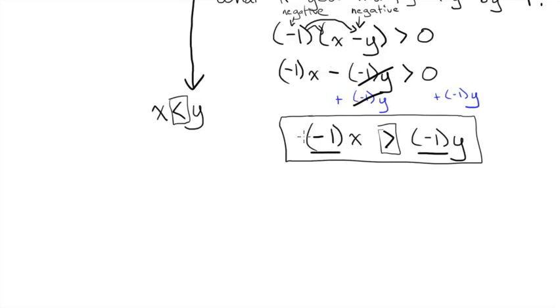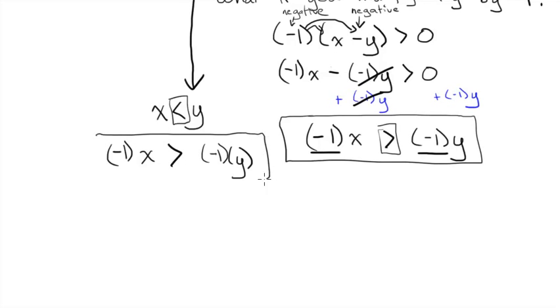So if I multiply by negative 1 here, and I multiply by negative 1 here, I have to switch the inequality sign so that it looks like this one. Okay, so that's the rule.